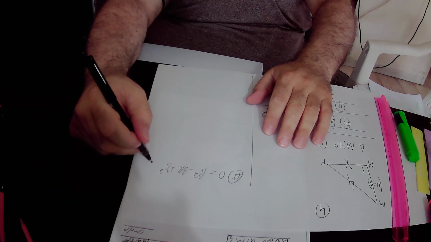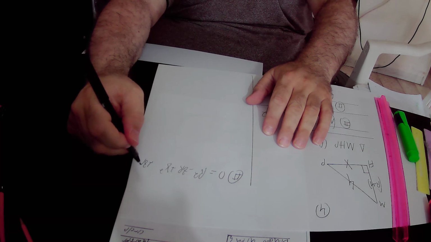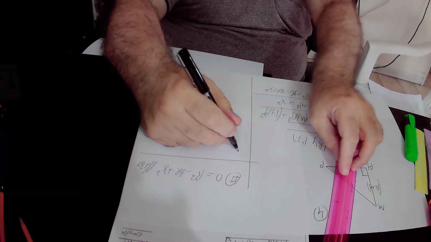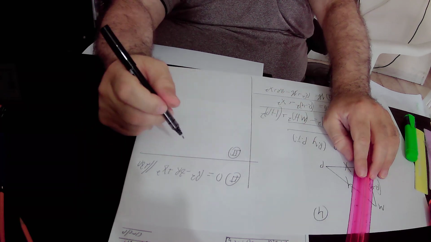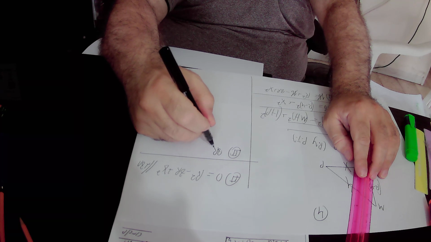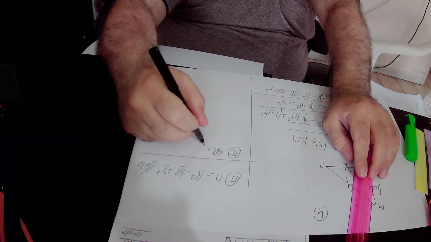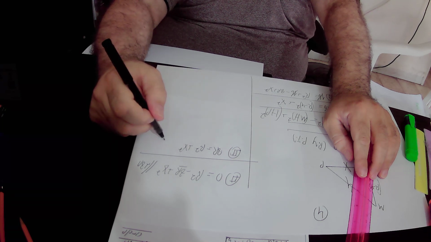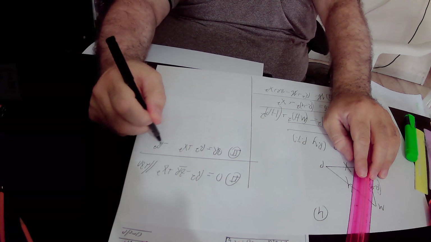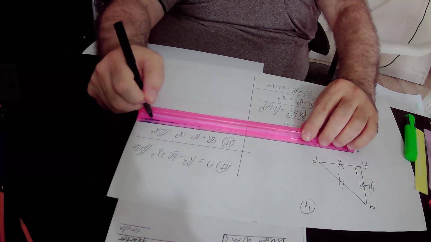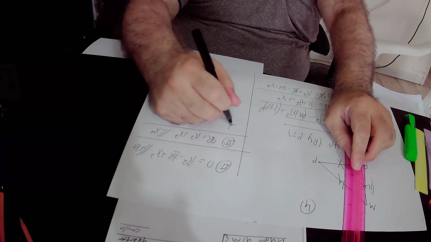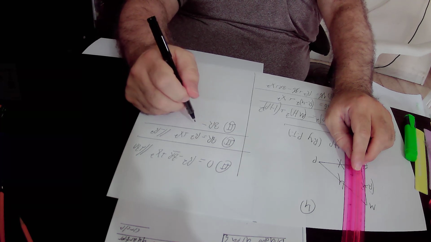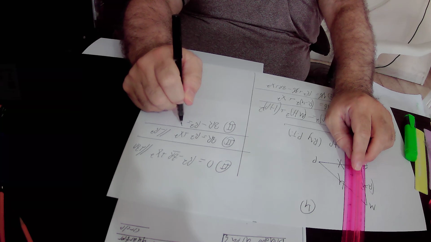Here we'll add 8R to this equation, and we'll get that 8R equals R squared plus X squared. Here we'll subtract R squared from this equation, and we'll get that 8R minus R squared equals X squared.